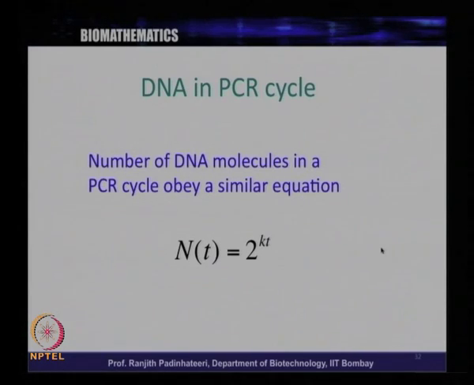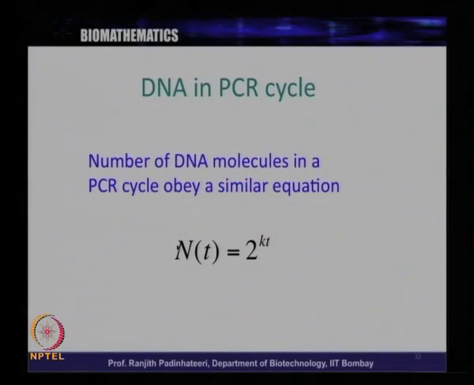PCR is polymerase chain reaction, and you can see that when you replicate, the DNA molecule is divided, so you have 2 DNA molecules. So, basically you can again get 2 power k t like this. So, another example is these exponentially increasing DNA molecules.